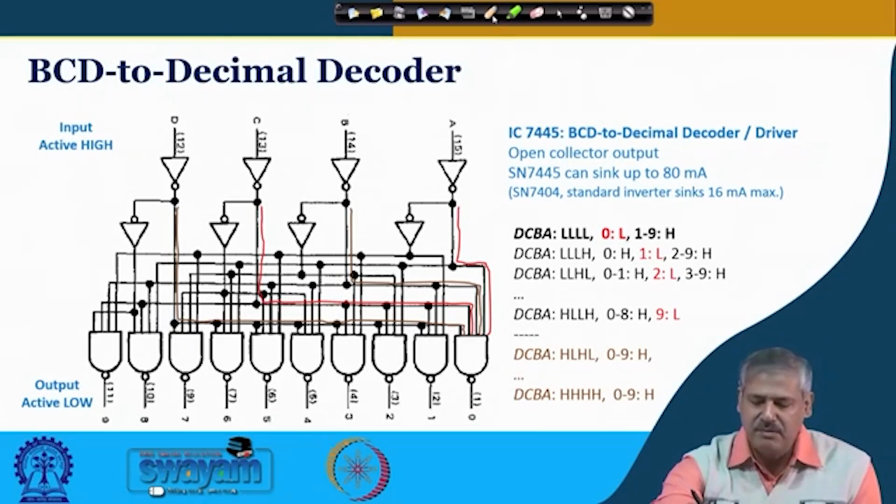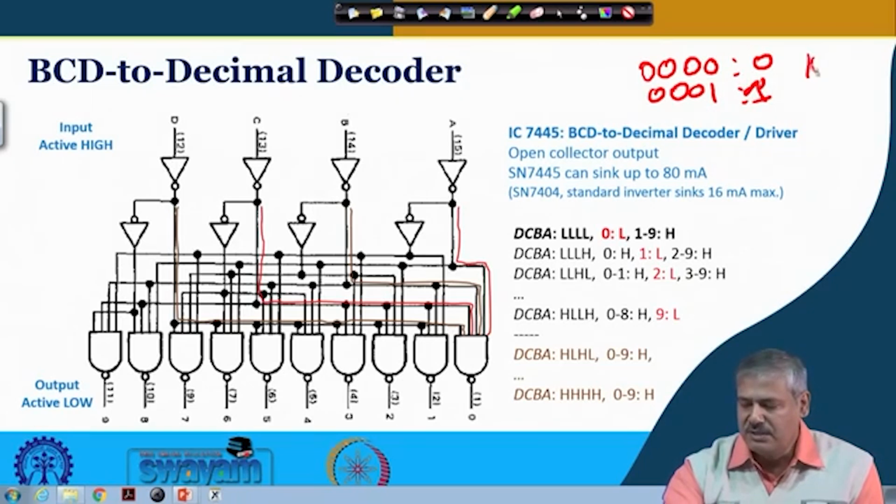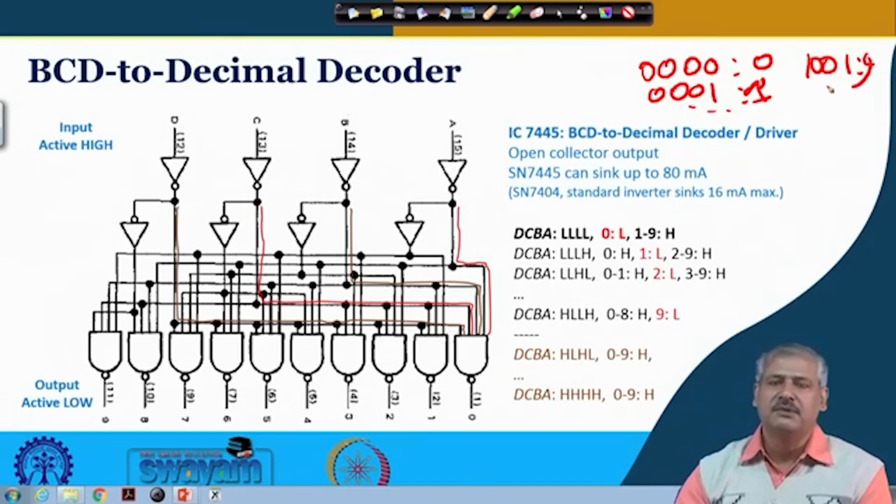So 0000 is decimal 0, 0001 is decimal 1, and it goes on up to 1001, which is decimal 9.